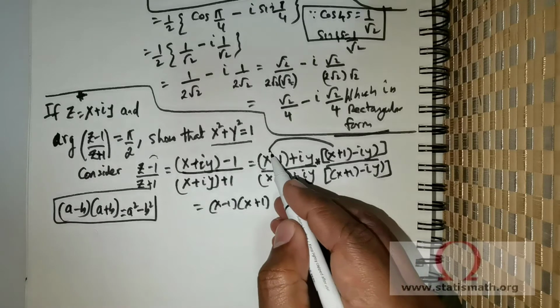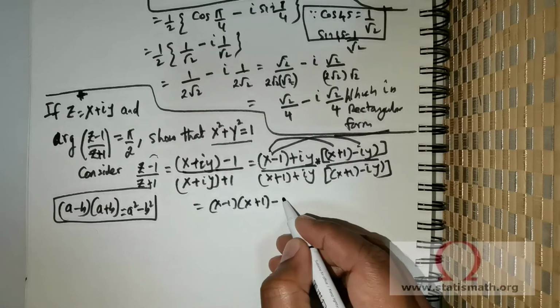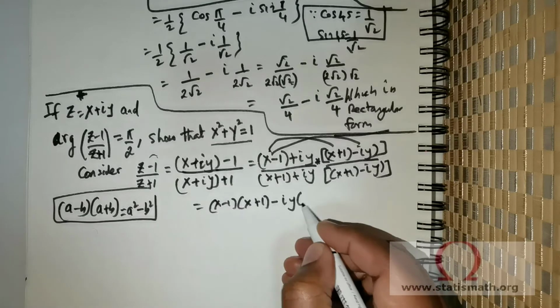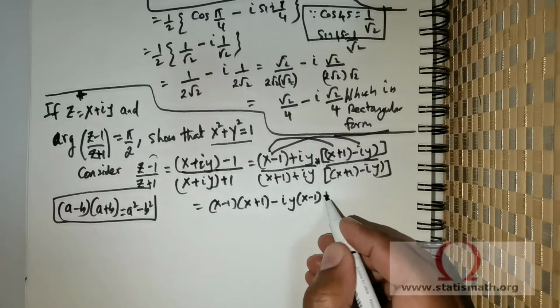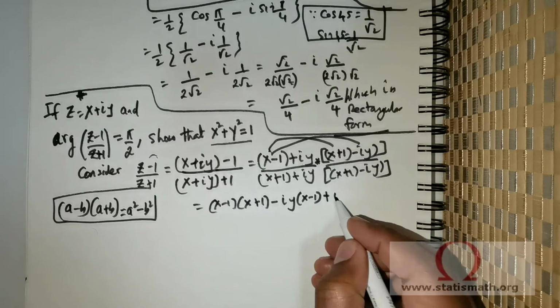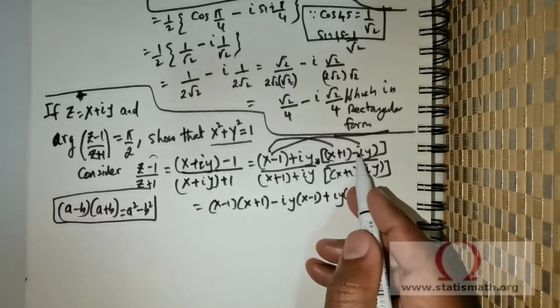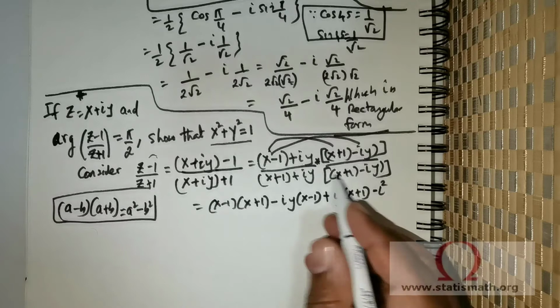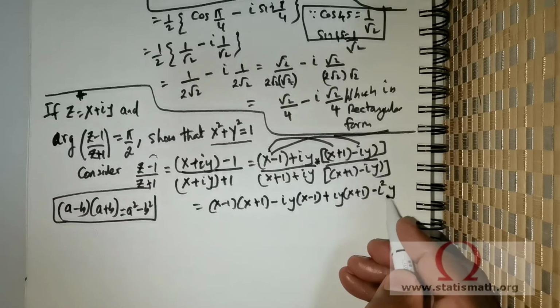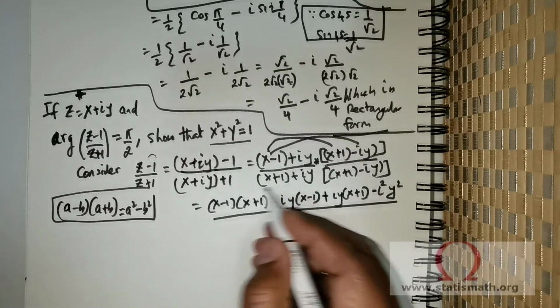Followed by x − 1 multiplied with −iy, so it's going to be −iy multiplied with (x − 1), followed by +iy multiplied with (x + 1), and then positive times negative gives negative. i times i is i², and y times y is y². So this has to be divided by the denominator.